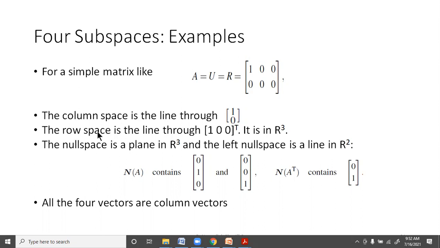Then we come to the row space. For the row space, we just need to take the transpose of this and find out which is the independent column and which is the dependent column. If you take the transpose of this, I'll get 1, 0, 0 and 0, 0, 0.